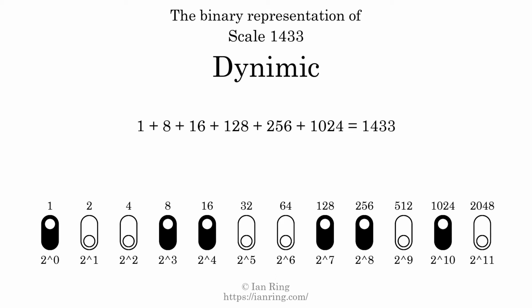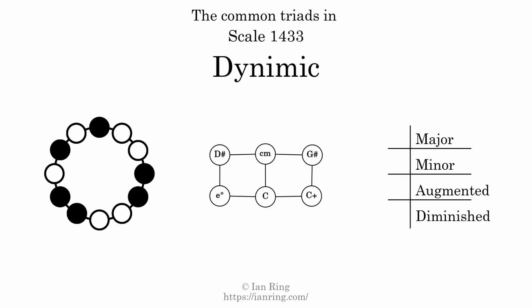That is why the scale number, in decimal, is 1433. The scale number not only enumerates the scale with a unique index, but it also literally describes the tonal content of the scale. Represented as a binary number in base 2, the scale number is 0101100110001.